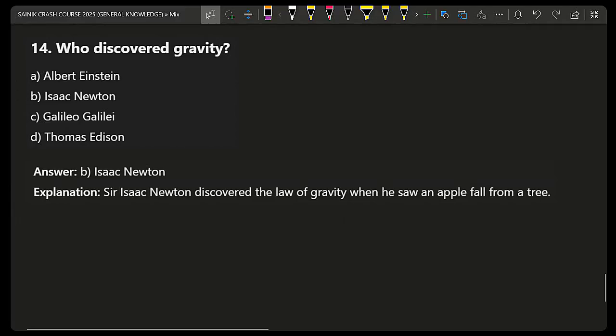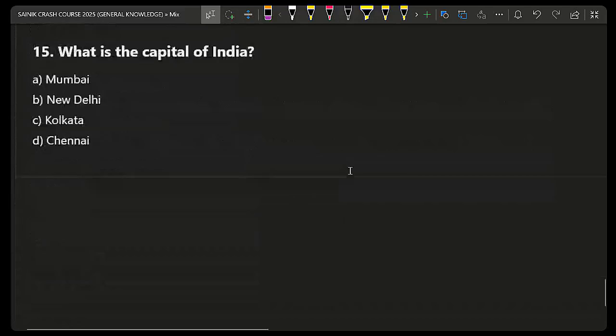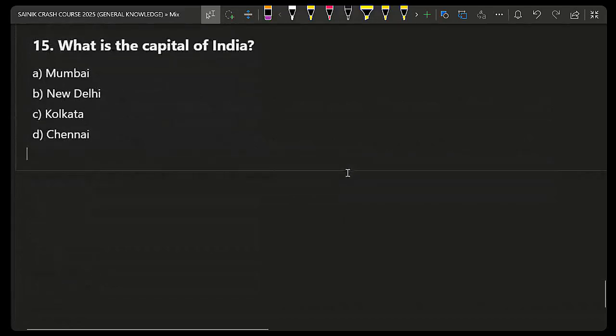Next one is a very difficult question. So let us see how many of you are going to answer. What is the capital of India? Mumbai, New Delhi, Kolkata, Chennai.